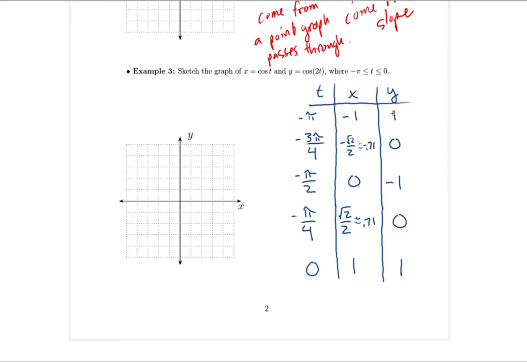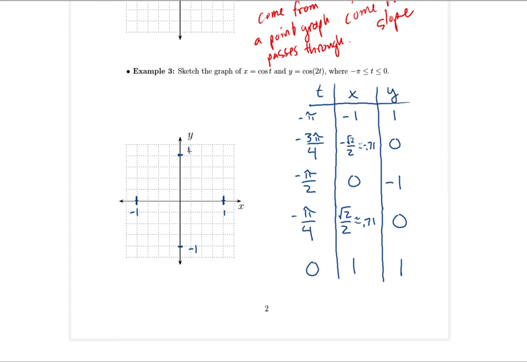So you can see that all my values here are between negative 1 and 1. So instead of using each grid mark as a 1, how about we change this up a little bit? So how about this becomes negative 1 here, and this becomes 1, and this can become negative 1, and this can become 1, just to make it a little easier.